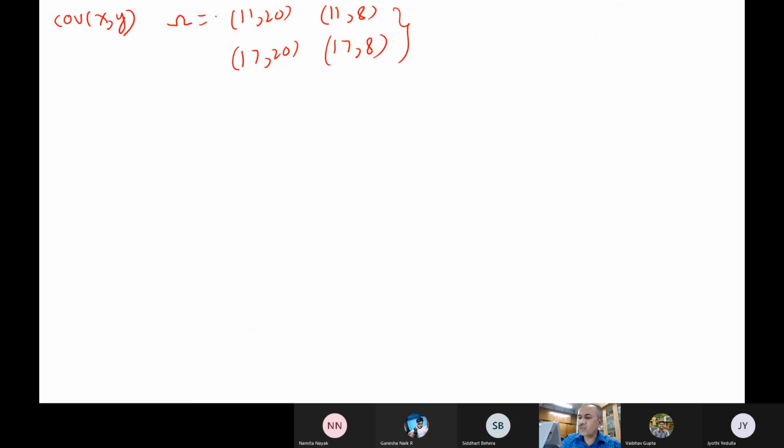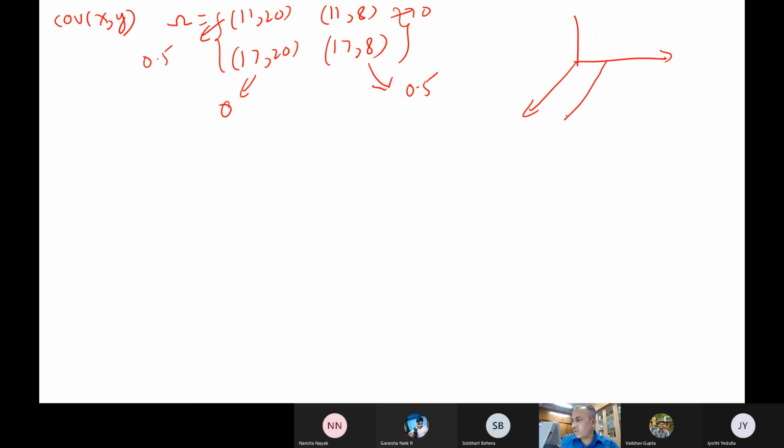Now for the simple problem, I will assume something simple. I will say the probability of this is 0.5, this is 0.5, and the others are 0, 0 actually. So this is my joint density function, just for simplicity. Here 11 and 17, and then 8 and 20.